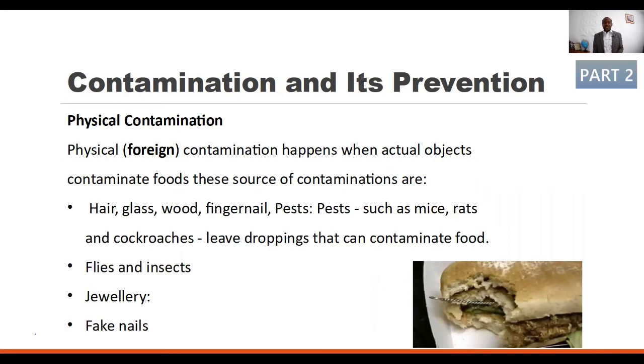This could be hair, glass, wood, fingernail, pests such as mice, rats, and cockroaches. You see, these leaf droppings can contaminate food. We have flies and insects. Jewelry is a physical contamination. Fake nails are a physical contamination.